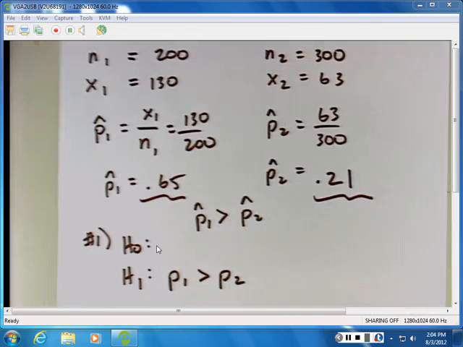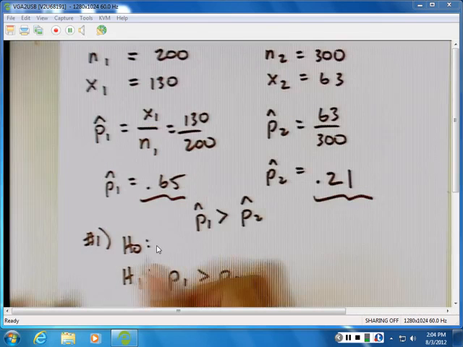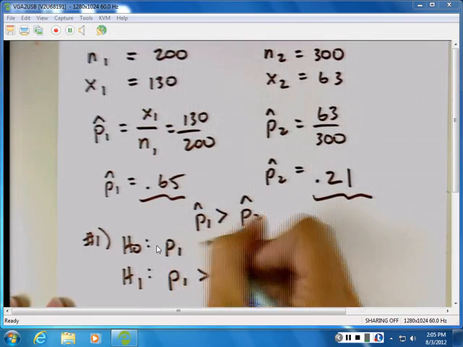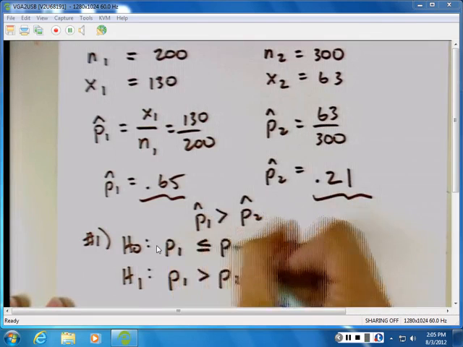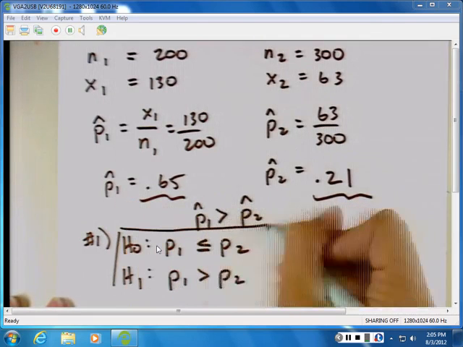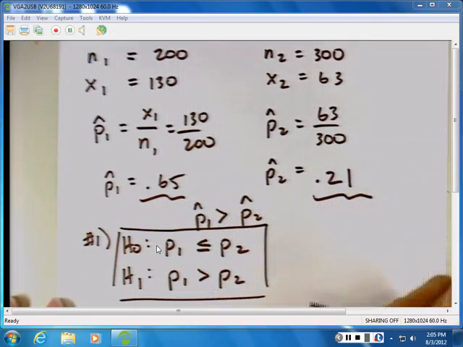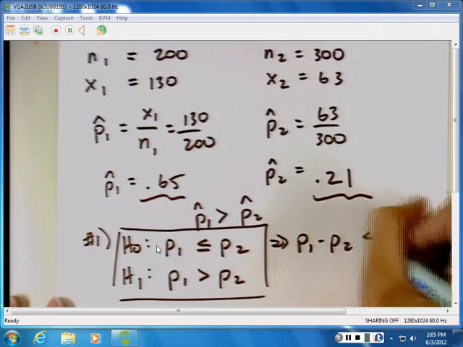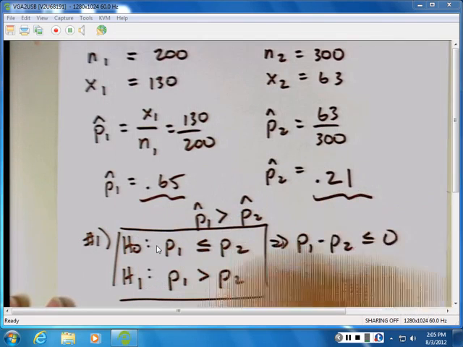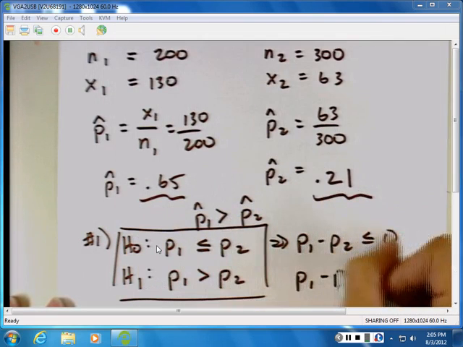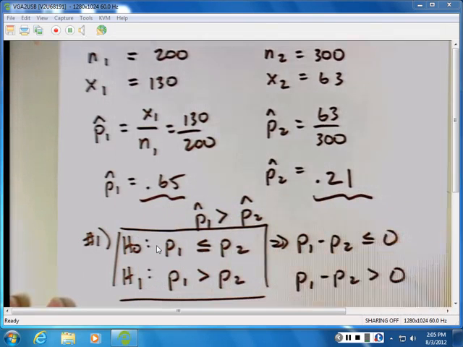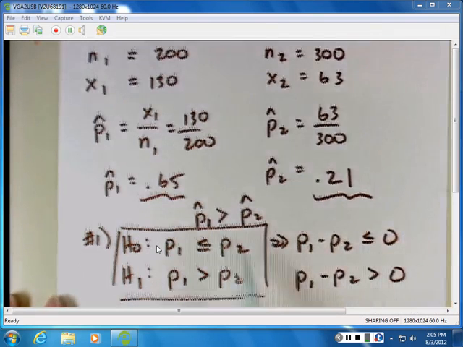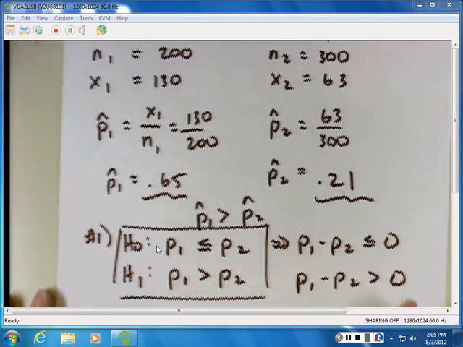Not just our sample, but for all men is what we're hypothesizing. And then that makes our null p1 less than or equal to p2. Same story. Mathematically, we're really checking a difference. So p1 minus p2 is less than or equal to 0 if I move that to the other side. p1 minus p2 is greater than 0, but you don't need to write those down. This is fine. Just know that mathematically that's what we're looking at.